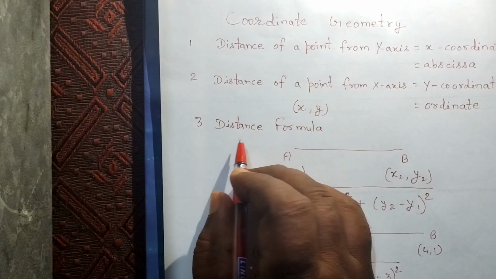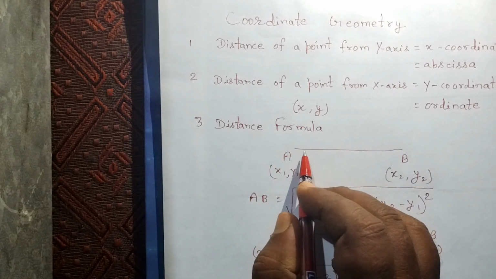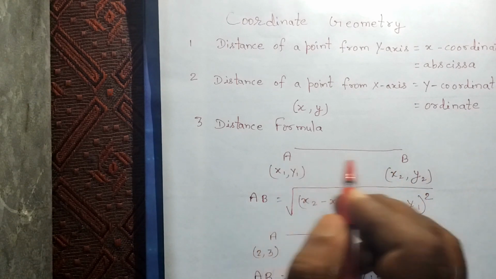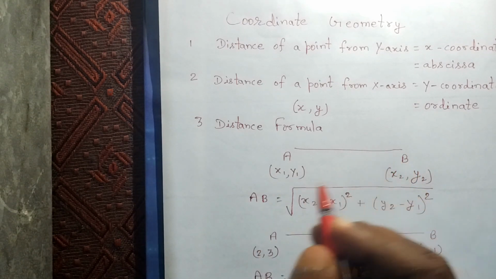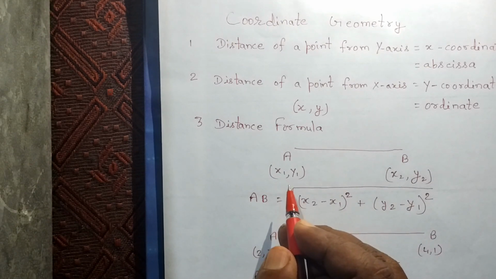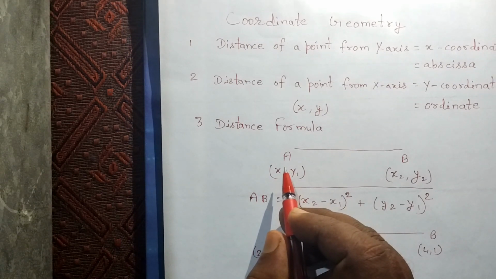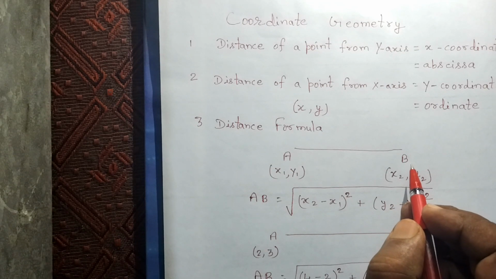Third point is the distance formula. Distance between two points, suppose A and B. How to find? The point which is on the left. Here, point A is towards the left and point B is towards the right.